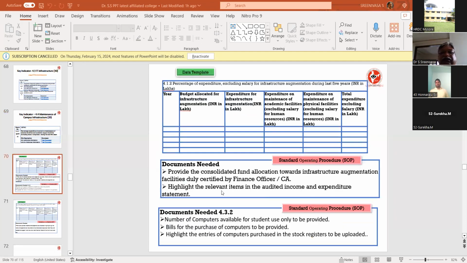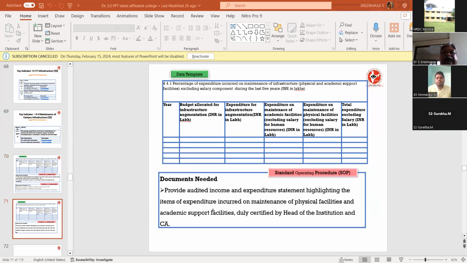Some questions are directly related to students and teachers. If you want to give better quality education, better maintenance is a must, a very simple thing that has to be provided to the student.